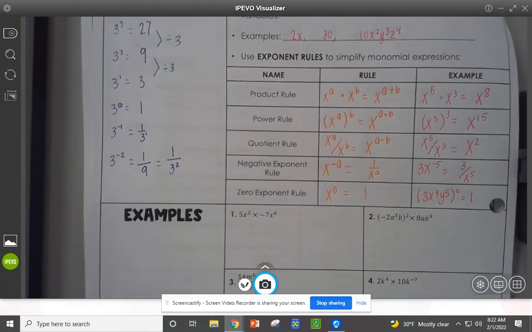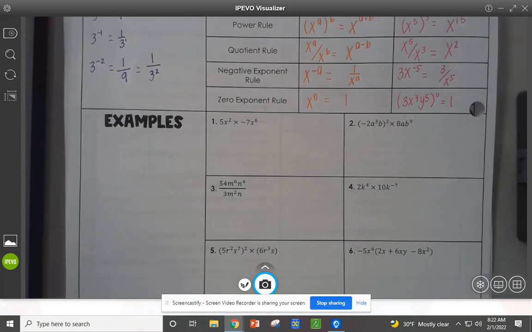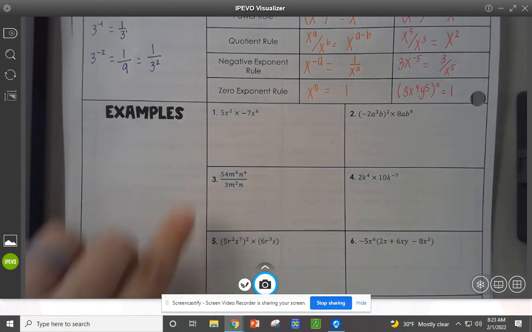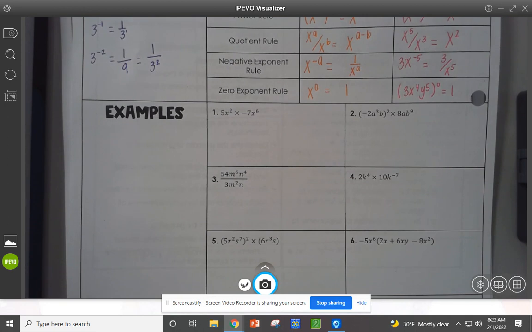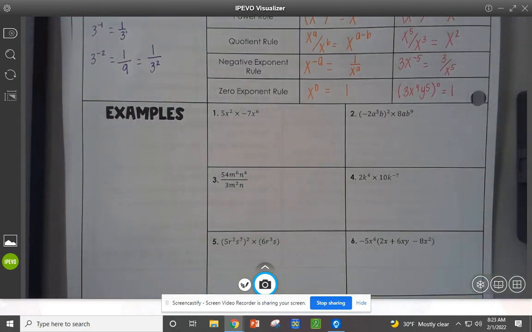So let's do some examples that have multiple of these rules within them. So the first one, we have 5x squared times negative 7x to the 6th. You multiply those coefficients, those numbers in front, you multiply them like normal.